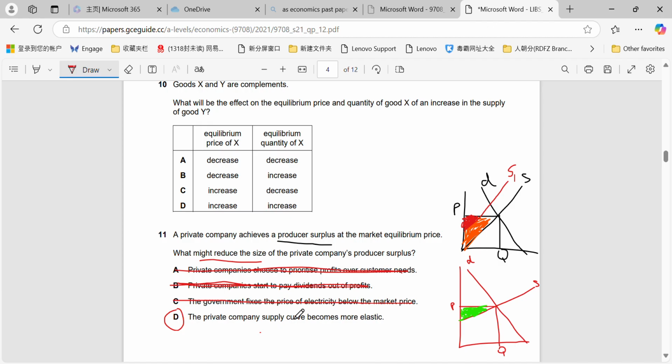For C, they may not be affected by the price of electricity, for example, or they may still be able to get access to the price of electricity, so we can't say definitively that it will definitely reduce their size of the surplus. We have to take the option which is the most logical and will definitely do it, and that is the elasticity of the supply curve.